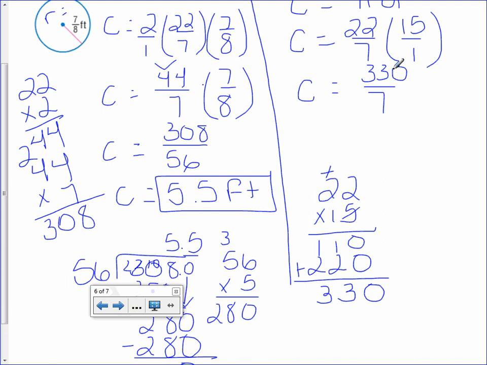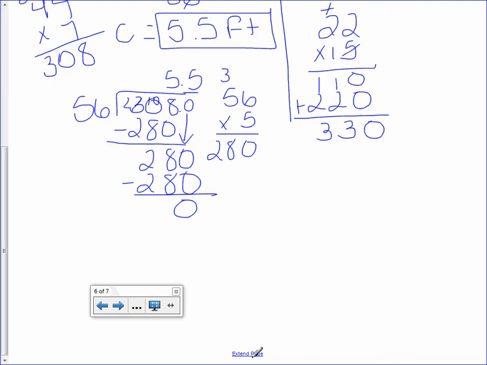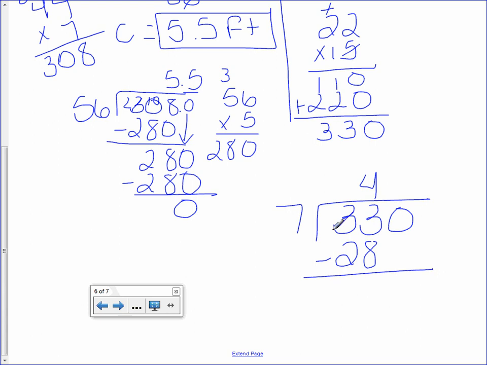Fractions are division. So 7 into 330. 7 goes into 33 4 times, which is 28. Subtract and get 5. Bring down the 0. 7 goes into 50 7 times, which is 49.